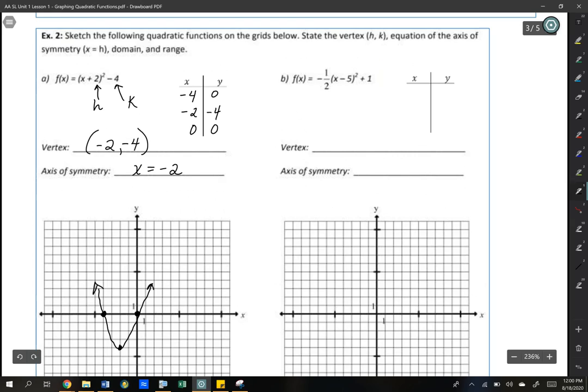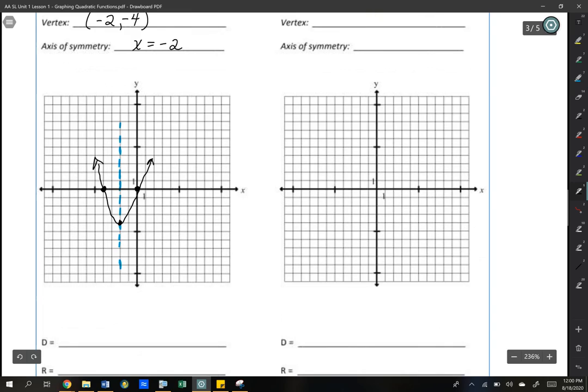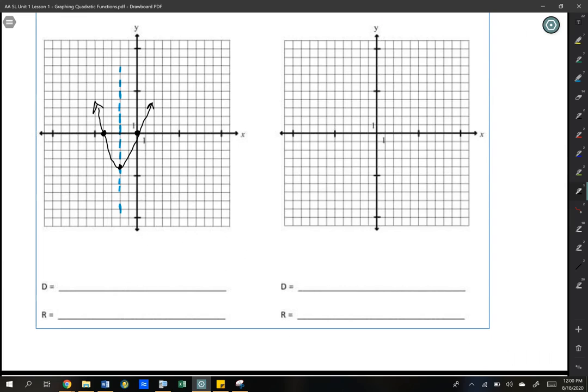All right, so it says sketch the quadratic on the grid, state the vertex, the equation of axis of symmetry. Maybe we want to just note the axis of symmetry. It's always going to be a line. Right, and then the last thing we're being asked, now that we have a very nice graph, is to determine the domain and range. Domain are all the possible x values.